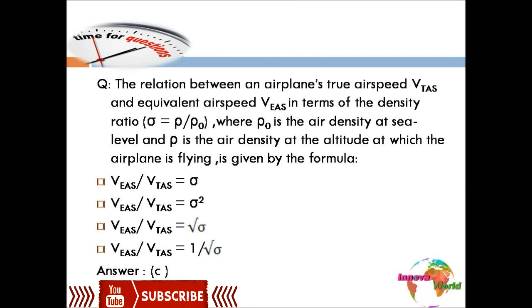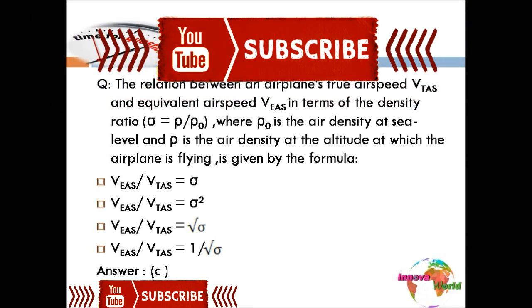Here rho naught is at sea level, and rho is at altitude. So we know the relation, that is VEAS by VTAS will be equal to root over sigma. So that option is C. So the answer is C.